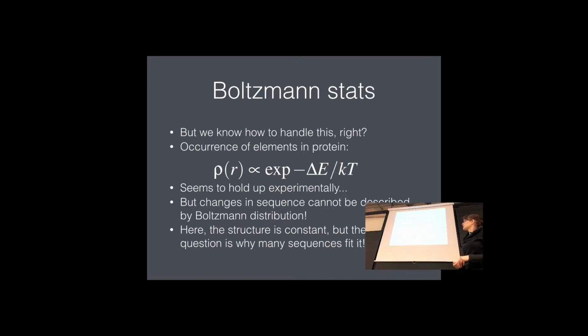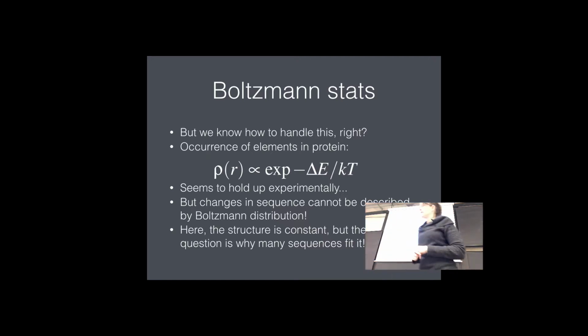We can, in fact, not use this relationship here, and we're going to derive why. The reason is that this all relies on the fact that your protein can sample a variety of states. So you might be comparing a folded and unfolded state, and then you can apply Boltzmann statistics.